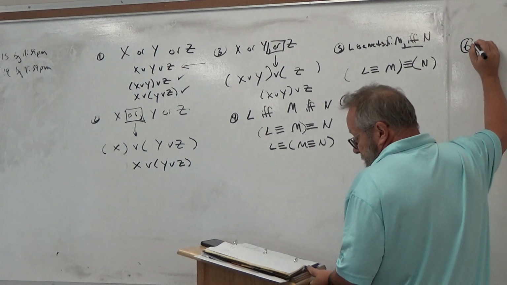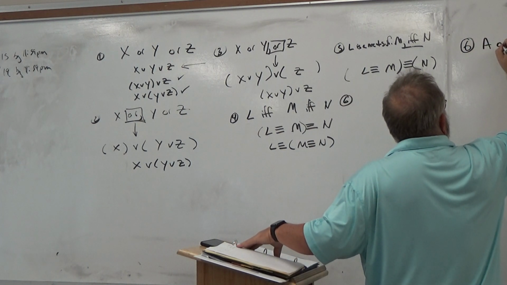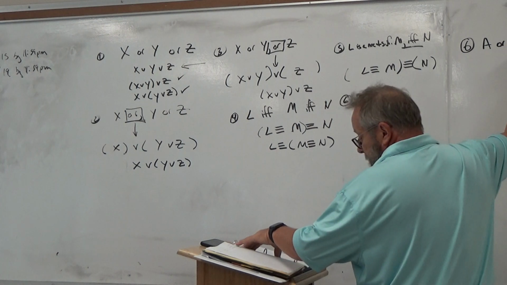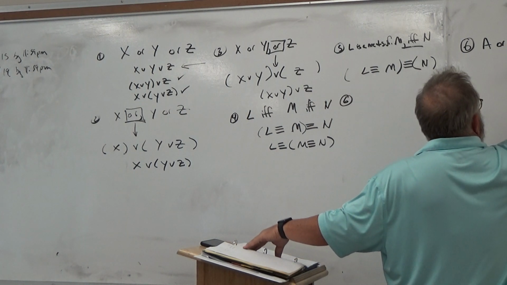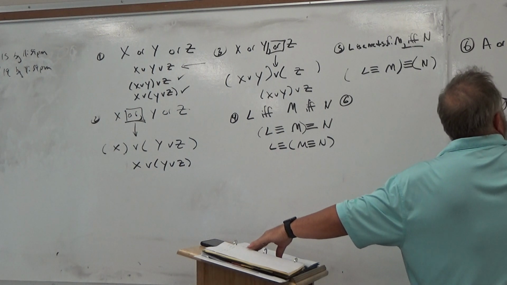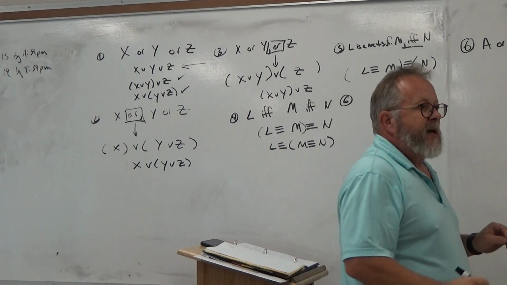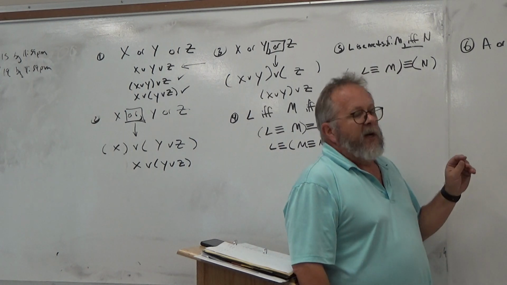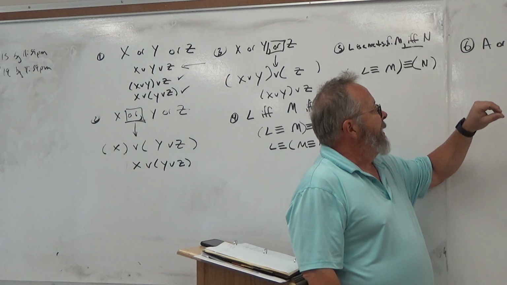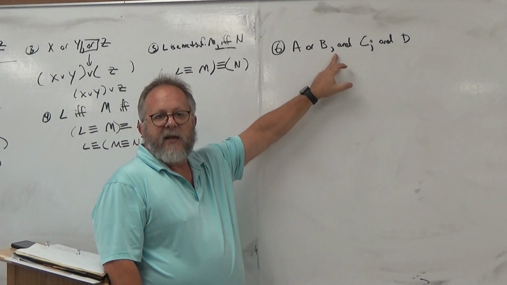6. Here's 6. A or B, comma, and C, semicolon, and D. Okay. Now, normally I've been telling you a logical operator paired with a comma, that's the main logical operator.